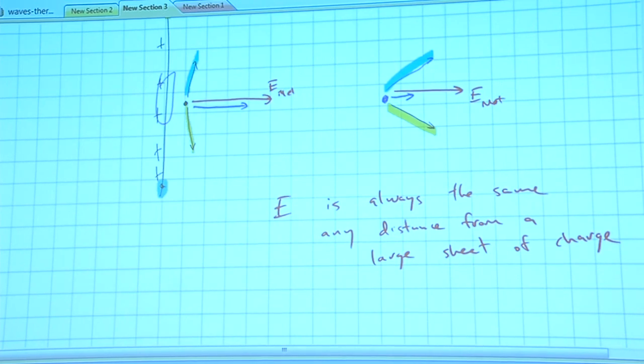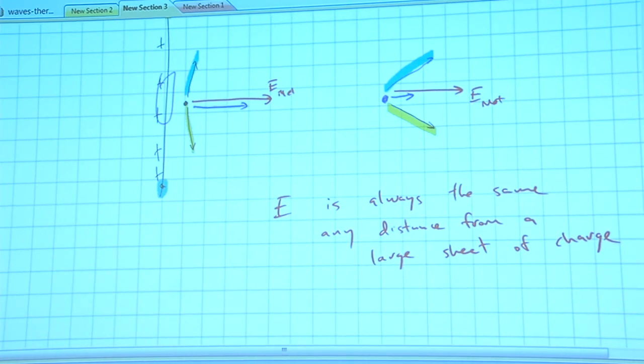If you have a less symmetric distribution of charge, then you can't draw a Gaussian surface where E is constant over the whole surface. So you wouldn't use Gauss's law because it's an ugly integral to solve. It still works, but it's not going to help you get the right result. It's not going to make it easier for you to get the right result.